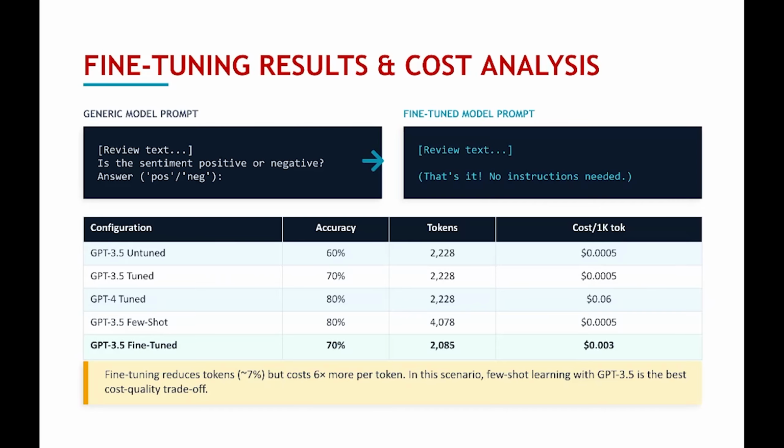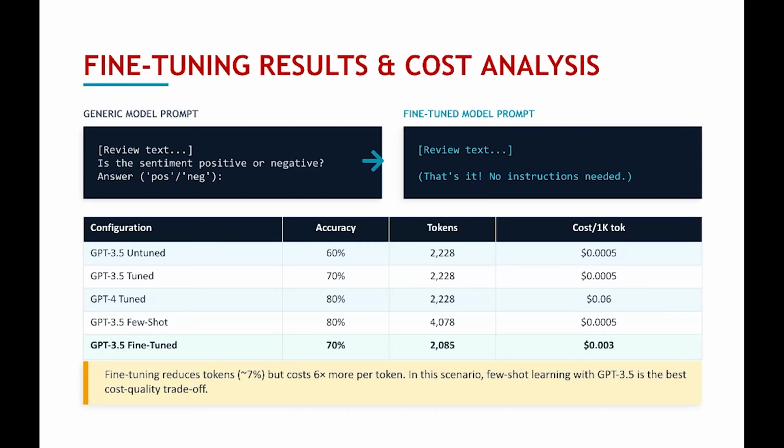So here is the full comparison table. Basically, fine-tuning achieves 17% accuracy with simpler prompts and fewer tokens, which you can see here: 2085 versus 2228.